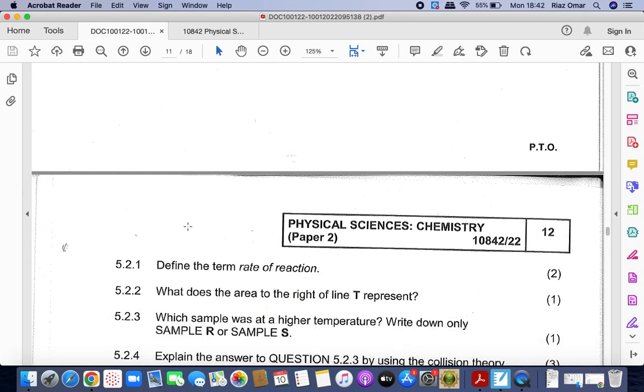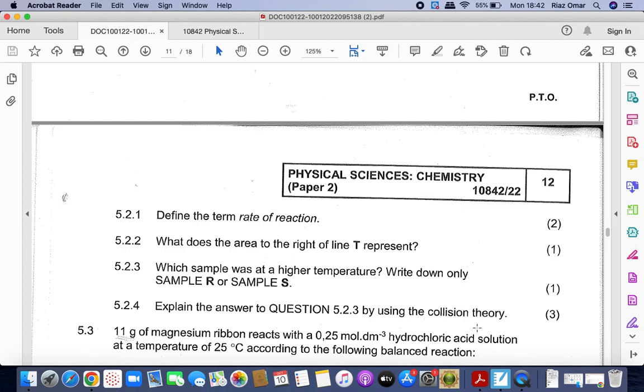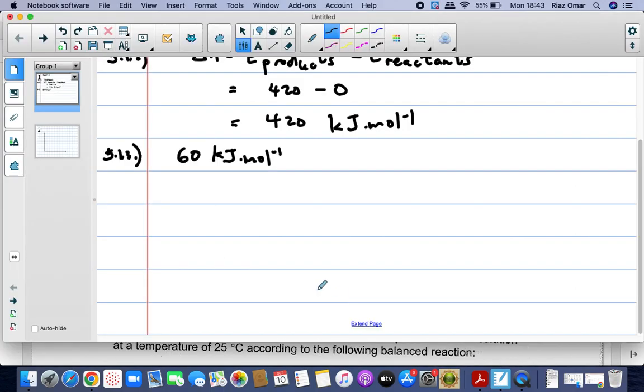Anyway, let's look at the questions. Define the term rate of reaction. Again, our definitions, don't forget. 5.2.1.